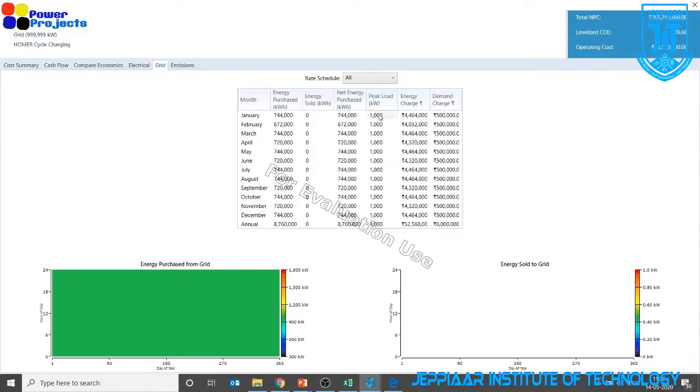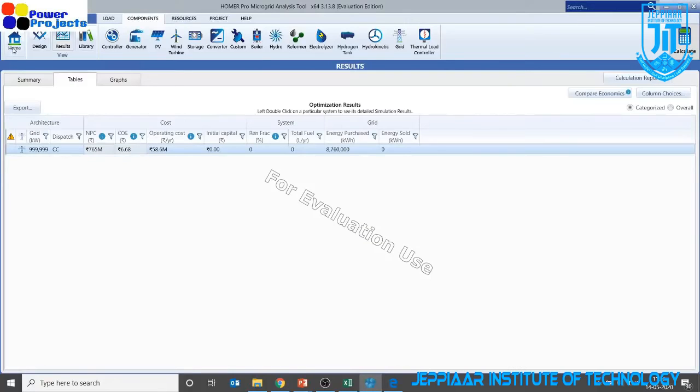But that's not the reality. Even if it's an industry, the load will fluctuate even if the industry is running in 3 shifts. Then the peak demand will change and the demand charges will also change, increasing your levelized cost of energy. What is levelized cost of energy? It is the cost I am paying per kilowatt hour on average.